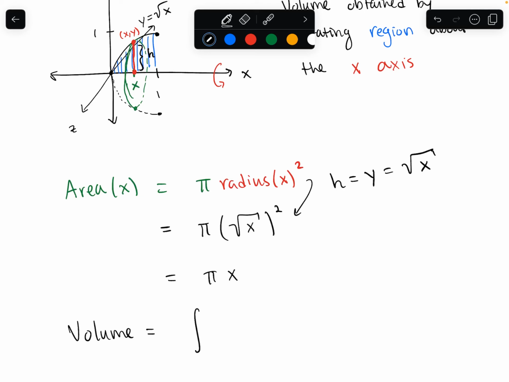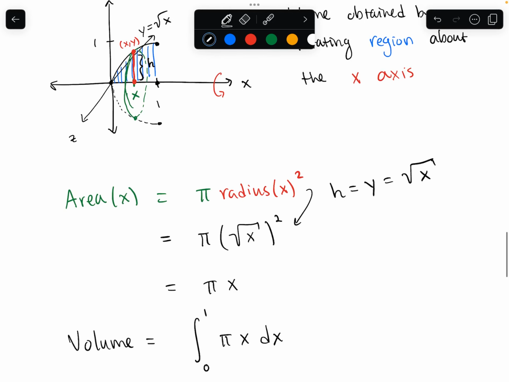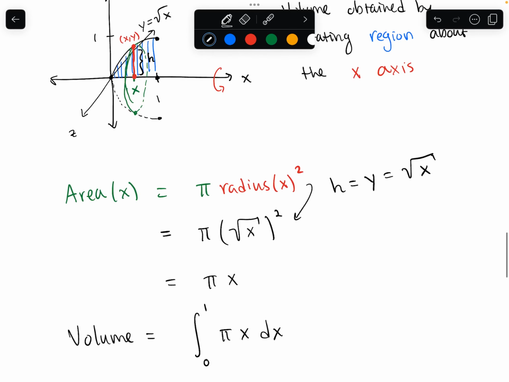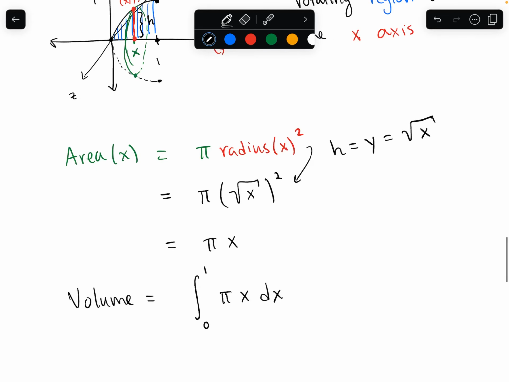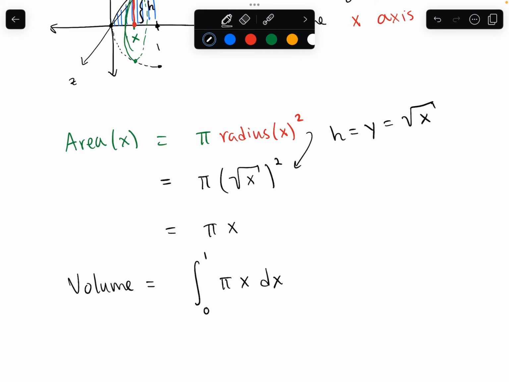we just integrate. Now here we're integrating in x, so x goes from 0 to 1, so those are the two bounds of integration on the left and the right. And we just need the cross-sectional area, which is pi times x dx, the tiny little width of that cross-section turning into a tiny little volume. We add up all the volumes. That's what this integrating is doing.